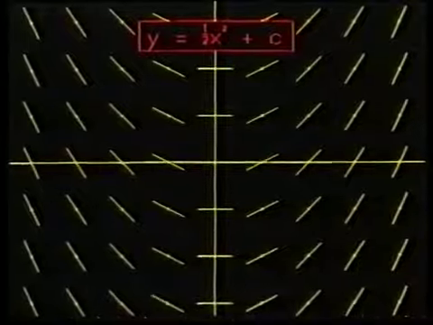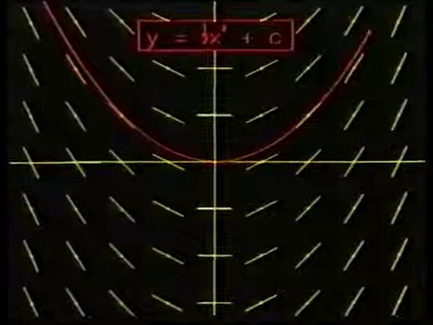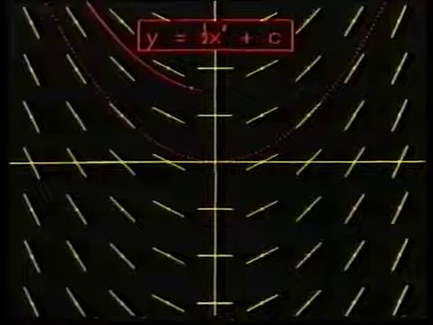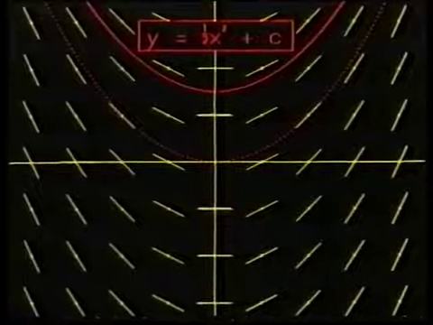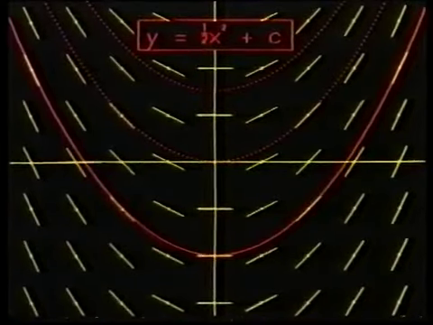But if dy dx equals x, then y equals a half x squared plus c. When c is 0, the curve is just a half x squared. For a positive value of c, and this is when c is negative.